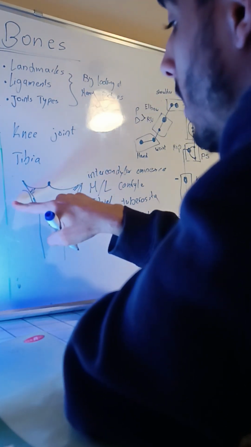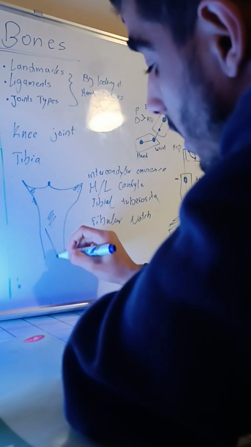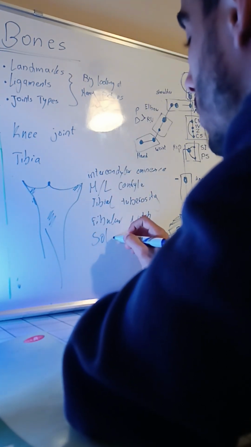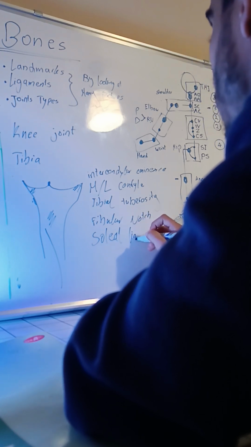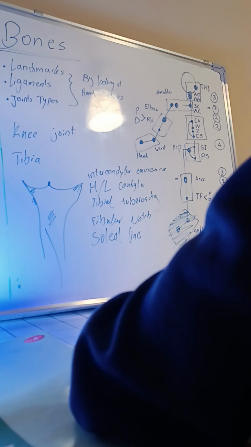Okay, and what else can we have in this part? We can also have a line which is called the Soleil line. Yeah, pretty much that's all.